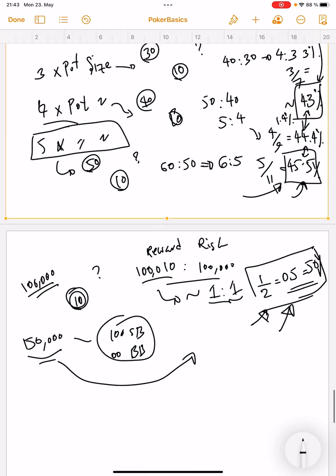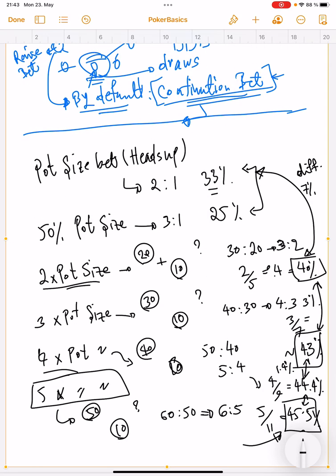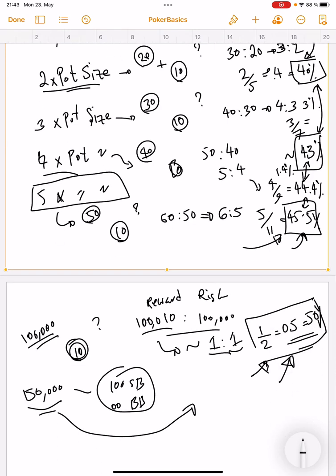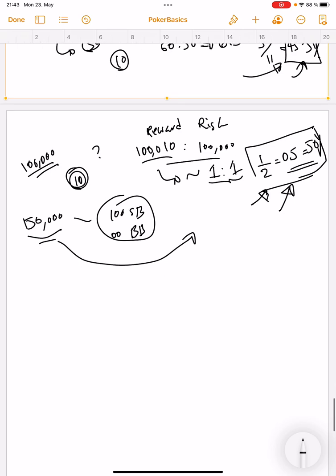So you know that the range of pot odds will be changing in a heads-up match between maybe 25%, starting from half pot size, up to 50%. Okay. So this was one thing which I wanted to talk about.